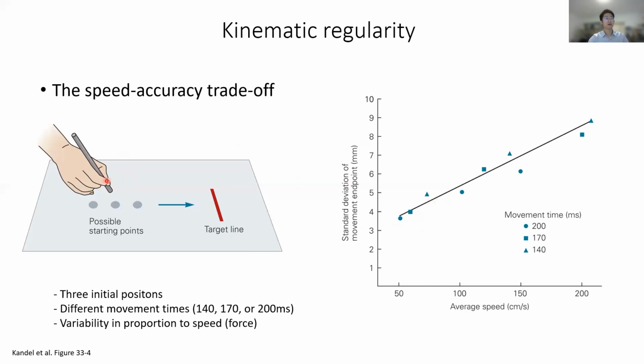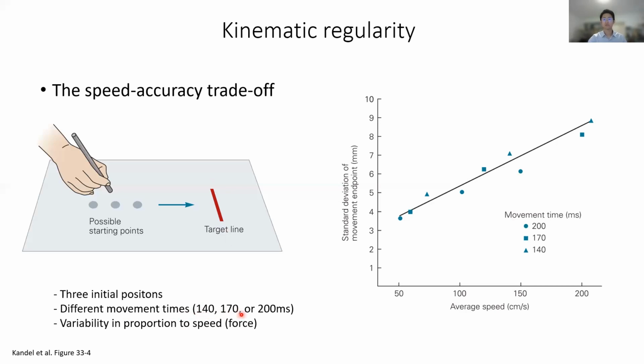Here we ask a participant to grasp a pointer on a table, for example, and he can start from different initial positions. The task is to reach a target line with different speeds, so the movements have different movement times. The movement times in this experiment are controlled. They can be 140 milliseconds, 170, or 200 milliseconds.